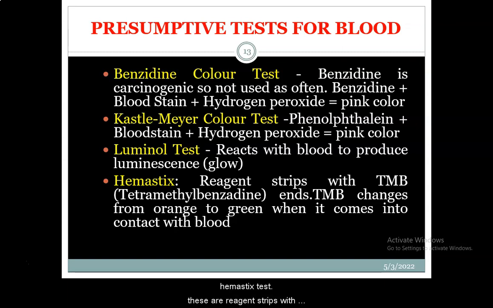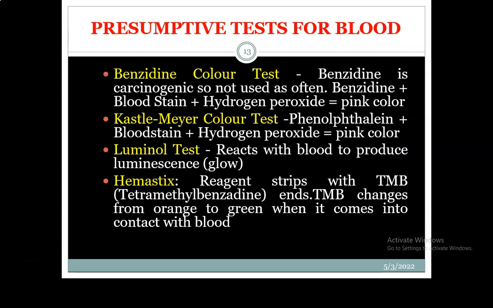Hemastix test. These are reagent strips with tetramethylbenzidine ends. And TMB changes from orange to green when it comes into contact with blood. So once you apply this Hemastix strip to a blood stain, let's say you have wet blood in its liquid form, you just apply it to it and it turns from orange to green, then you can say you have blood.